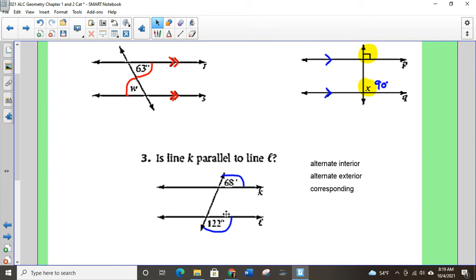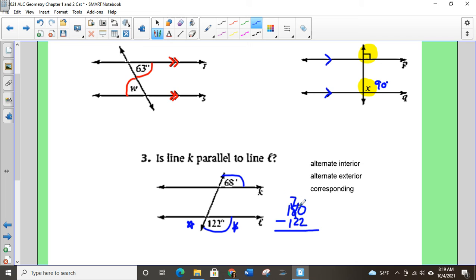But with a little bit of math magic, we could try to find an angle that could help us. So for instance, these two angles together make something special. Are they a linear pair or vertical angles? They're a linear pair. And what does a linear pair add up to? 180. So if I go 180 minus 122, we should get 58.